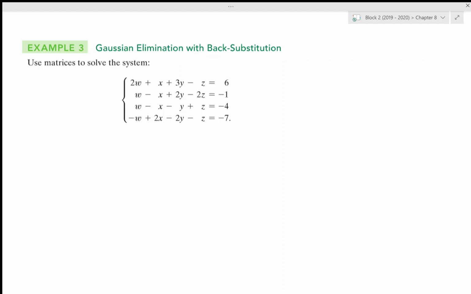So, 4 by 4, really scary, but we're still going to follow the same process. Get a 1 up top, zeros below. Then a 1 here, zeros below. 1 here, zeros below, and then a 1 here, and rewrite. So, luckily it's already the W's, the X's, the Y's, the Z's, they're all aligned, and the equals and the constants.